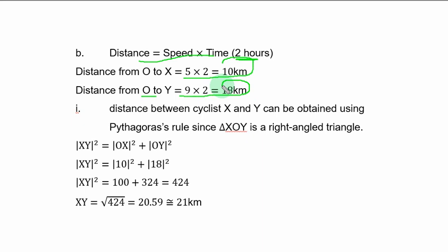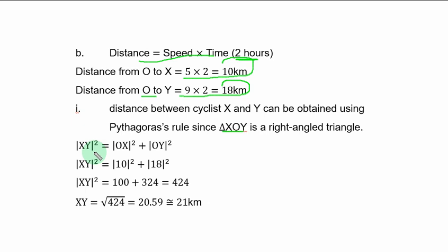Now figure 1 of B, the distance between S and Y, can be obtained using Pythagoras' rule, since triangle SOY is a right-angled triangle. You know SY is the side facing the right angle. That means SY is the hypotenuse.